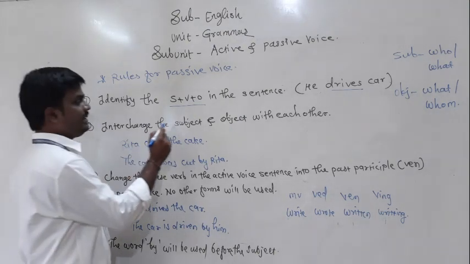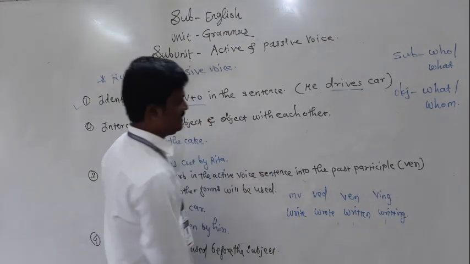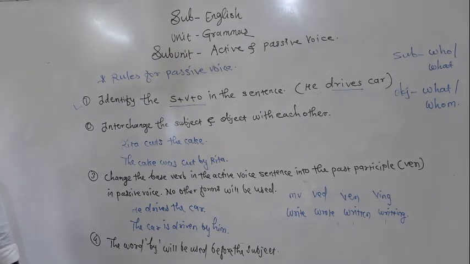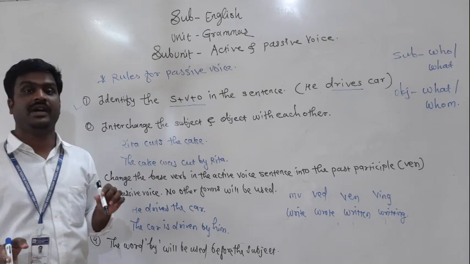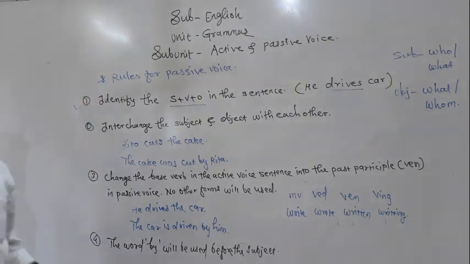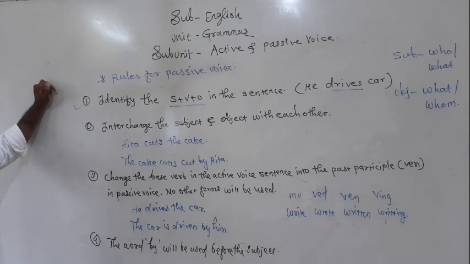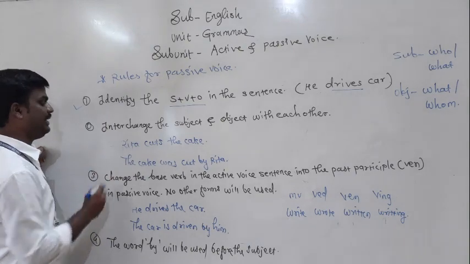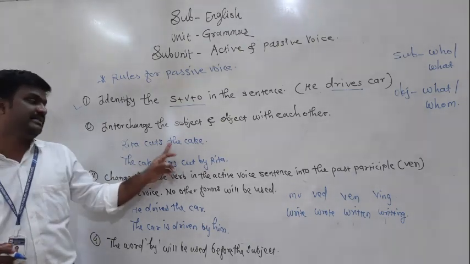Next, interchange the subject and object with each other. See, I told you, while converting active to passive and passive to active, we have to change the places of subject and object. Okay, subject becomes object and object becomes subject. See, the previous example I have taken here. Rita cuts the cake.